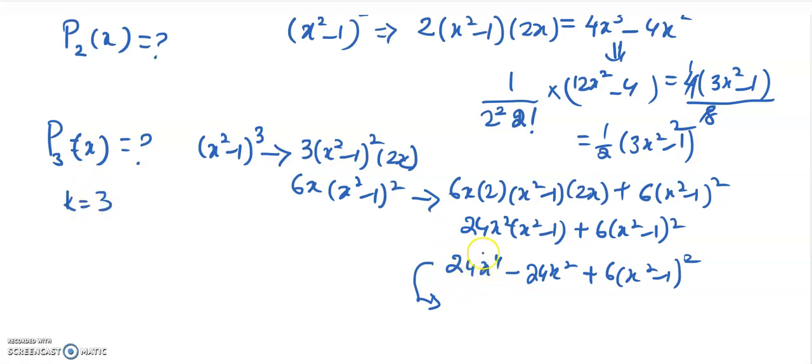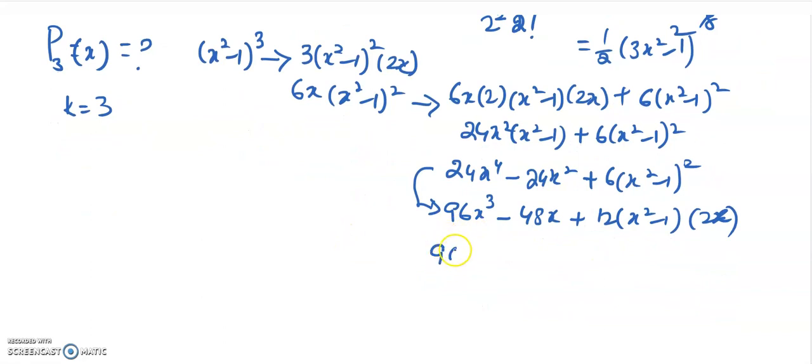It will be 24 times 4, which is 96x cubed, minus 24 times 2, which is 48x, and then 6 times 2 is 12 times (x squared minus 1) times 2x. We need to simplify it.